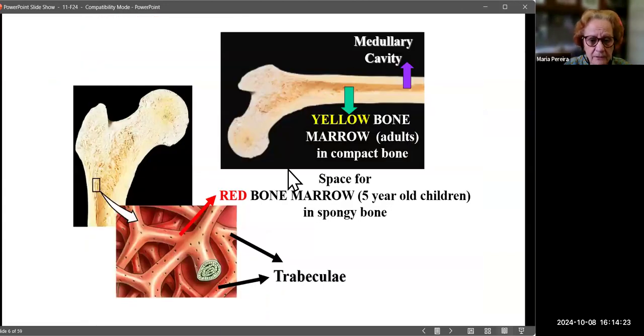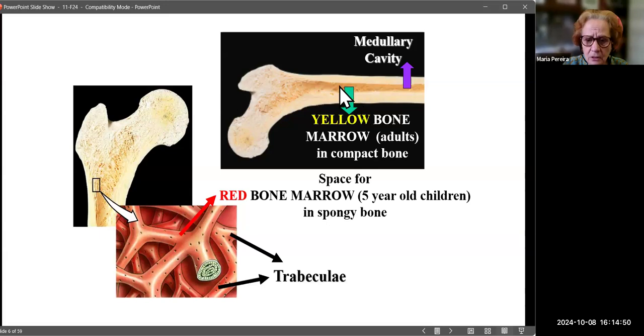Okay, so here's another slide showing the medullary cavity with compact bone on each side. What type of cell is in the middle of an osteon? Is it osteocytes? Yes, correct. So here's the compact bone surrounding the medullary cavity where the yellow bone marrow is stored.